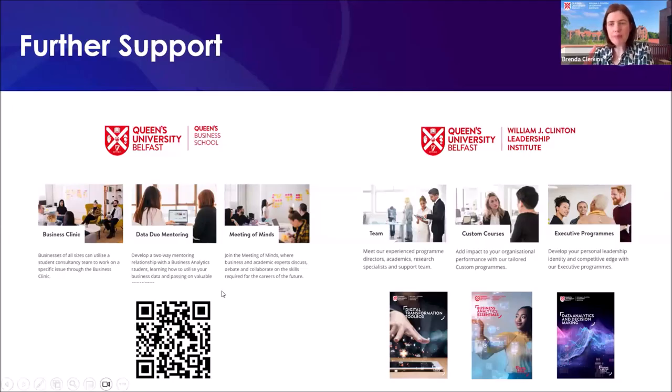Wider than that, we have a number of executive education programs that would help support in this technology space. If you wanted to learn more about the various types of technologies, or take a deeper dive into some of them, we have a series of programs such as the Digital Transformation Toolbox program, and then business analytics and data analytics and decision making.